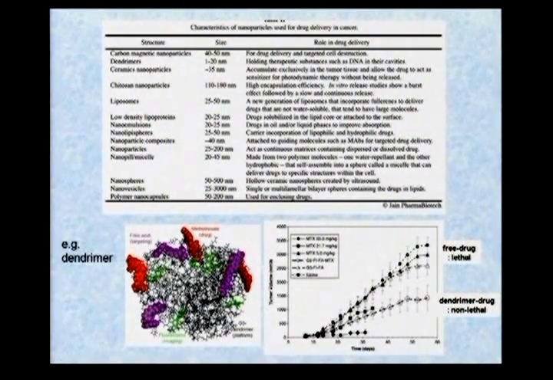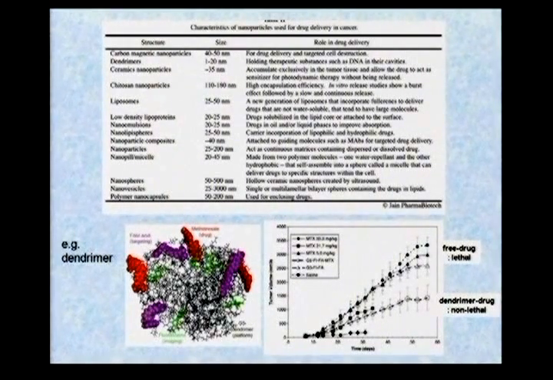Just one example, here's a dendrimer, which is this complex spider web-like structure where the molecule of interest, the drug, for example, is incorporated into this nanoparticle, and this just shows the growth curves of tumors. This is without nanoparticle delivery, essentially this drug, which is methotrexate, which is a standard chemotherapeutic drug.